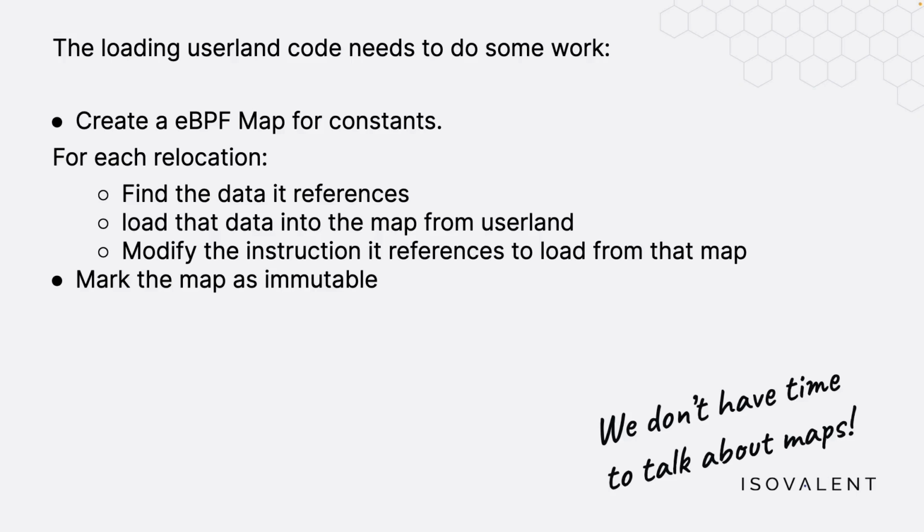It needs to load that data into the map from userland, modify the instruction that references it to load from that map instead, and then mark the map as immutable at the end of doing all the relocations. We don't have time to talk about maps in any detail, so we won't go over that. But the reason I have that line in there is just because the loader, which we're going to go over in a minute, is so simple, it doesn't do any of this stuff. So in order to cut down on complexity, I didn't do it. But that explains what that's about, and a real loader would do this properly.